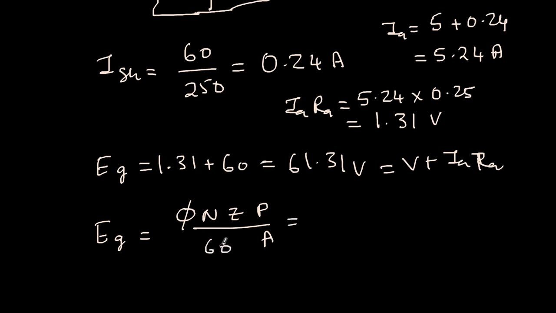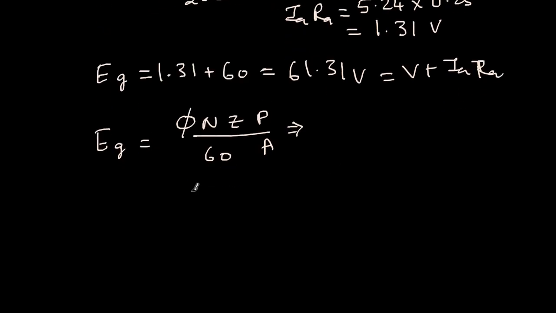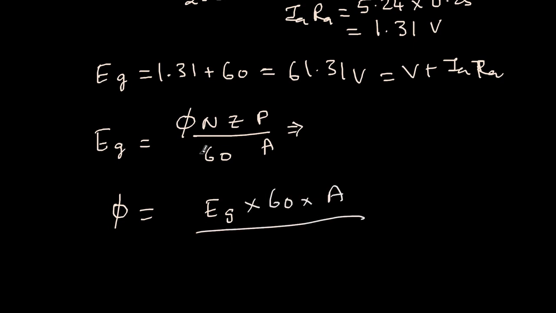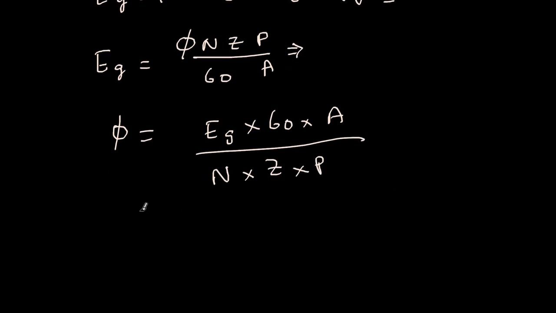I keep changing the order, but don't worry about that. So from this I can find the flux. What is flux per pole? That is nothing but EG into 60 into parallel paths, divided by N into Z into P. I have all these values.